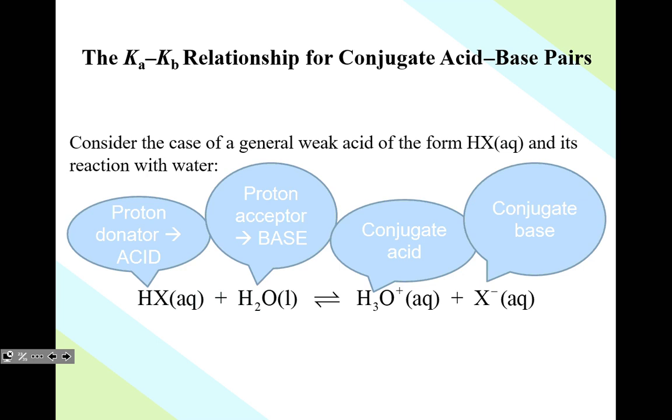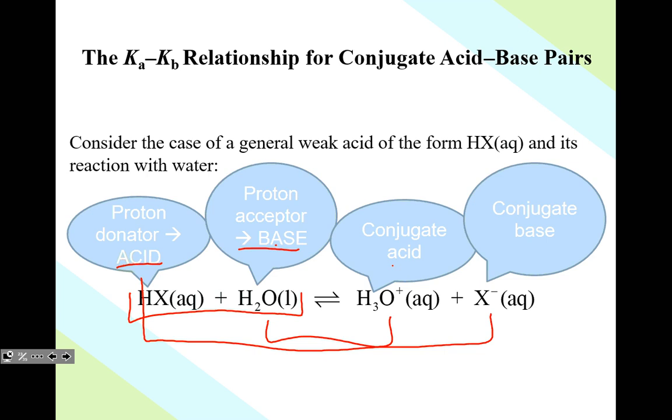You get what I'm saying? It's going to be reacting with water, and you have to decide here who's doing the donating and who is doing the accepting, and then we see that this is your acid, this is your base, and if things change only by one proton, these become like a pair. So if this is my base, there's my conjugate acid. If this is my acid, this is my conjugate base. So we know this to be true.